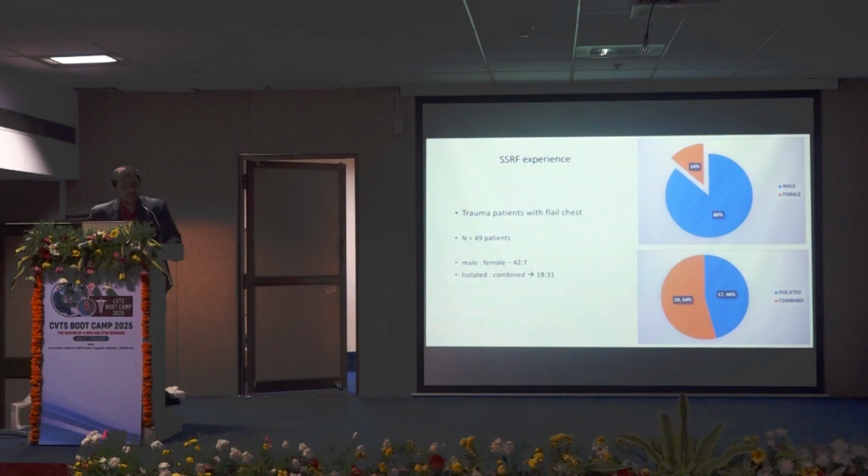Coming to my experience of surgical stabilization of rib fractures, we did rib fixation in 49 patients: 42 males and 7 females, so most of them are males. 18 were isolated and 31 were combined fractures. Mostly these trauma cases are associated with some other long bone injury or abdominal injuries.